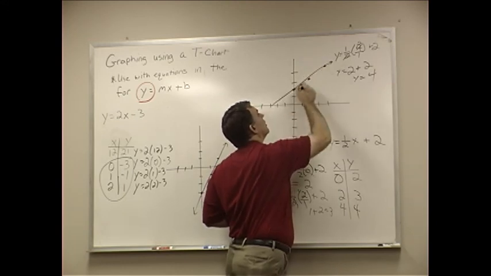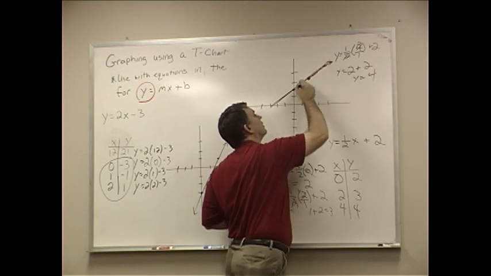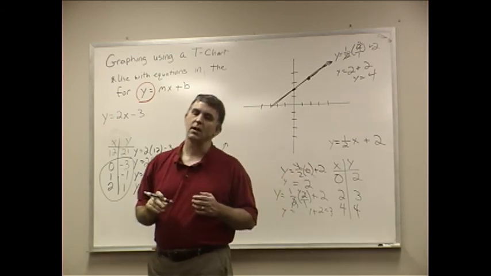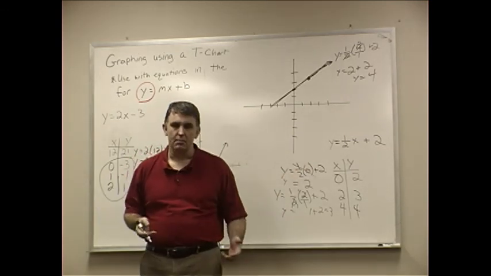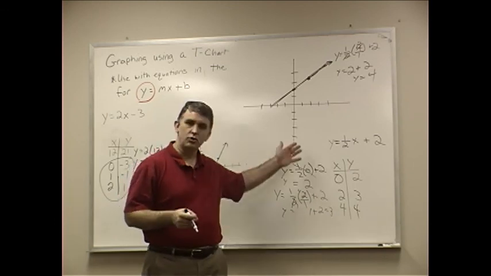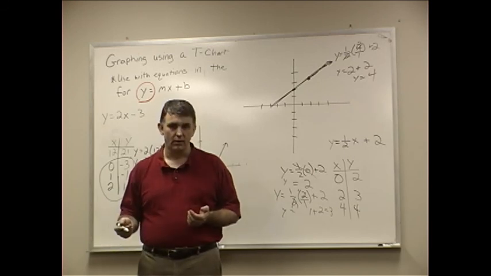And there's your line. Trying to freehand is not necessarily easy, so I have a very messy line in this case. Anyway, take your time, make your T-chart, choose your values. You choose your x's, then calculate the y's, plot the points. Good luck.